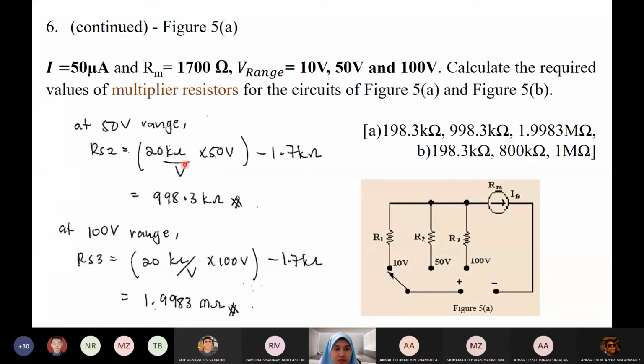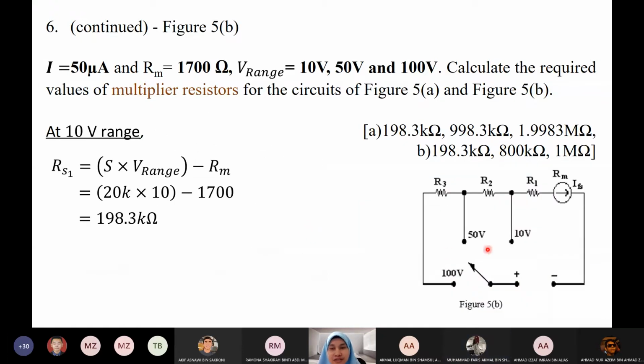Same procedure for the 50 volt range. We just change the range to 50 and we get the answer. The same step for the 100 volt range. We just change the V range here. Any question?